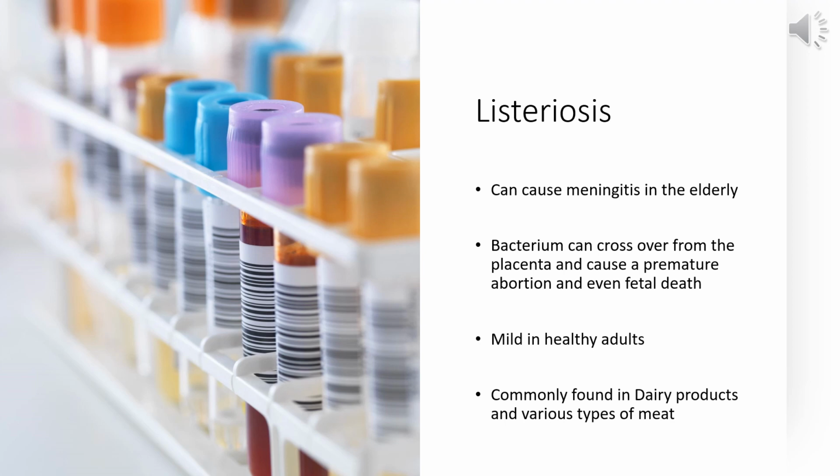Basically, during the birthing process or even a little bit before, the disease can cross over from the mother to the fetus and cause a premature abortion, or it can cause death of the baby. Like I said before, it's mild in healthy adults. It is commonly found in dairy products and various types of meat.